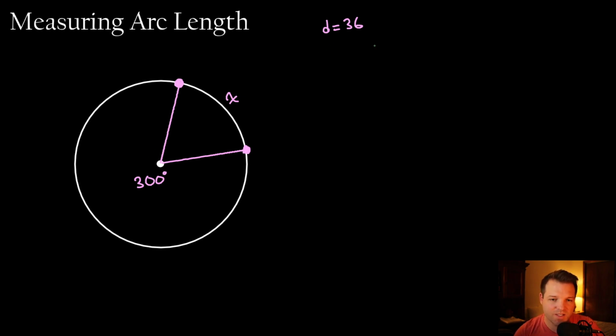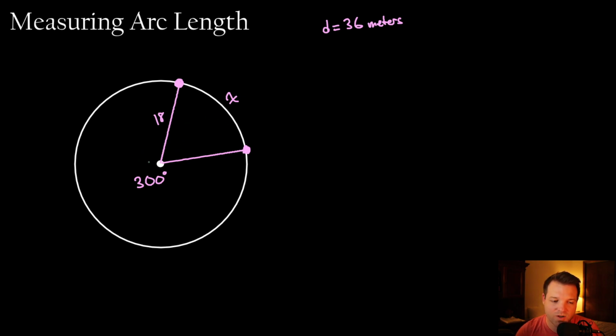So step one: I don't technically need the radius. I can just use the diameter, but I'm going to put the radius in here. So half of 36 is 18. I didn't provide units, so let's just call this meters. But anyway, this is going to be 18. And all we're going to do is set up our proportion, but I do need to know the actual angle inside of here, because that's this piece of this pie. 300 is the outside.